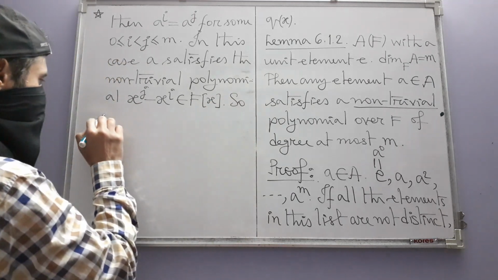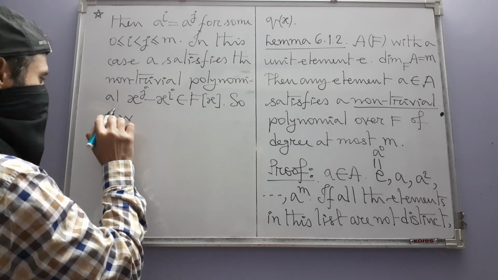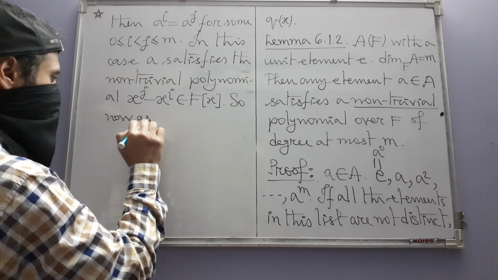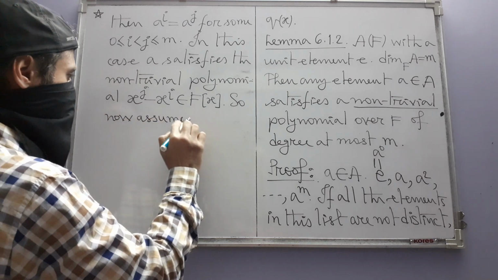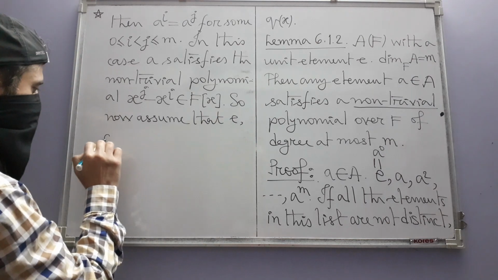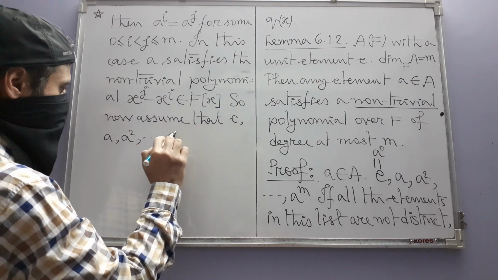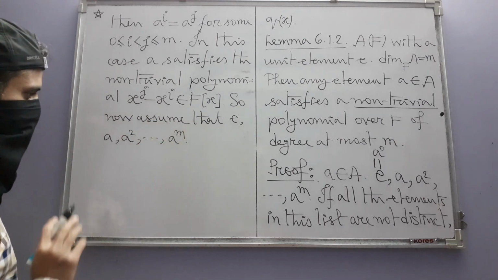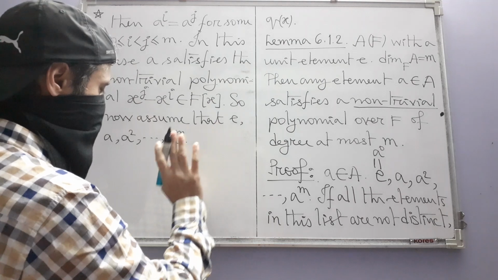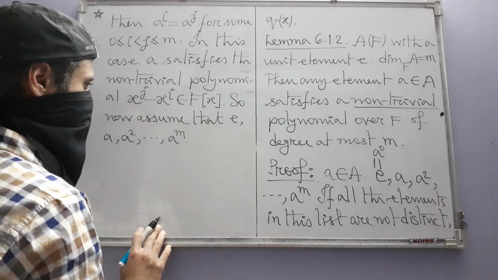So now assume that all these elements are distinct. The non-distinct case we have already handled, it is done. So now let us consider the distinct case.